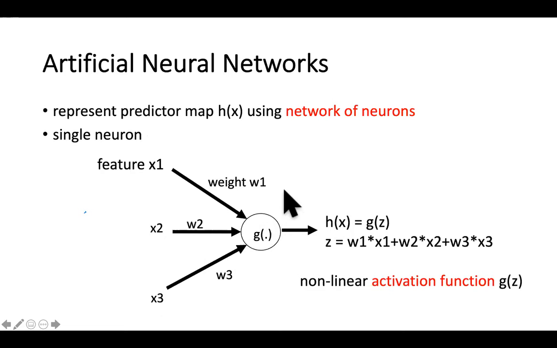A single neuron is a very stupid thing in general. It just sums up the inputs, weighted. Each feature here is weighted by some number, W1, W2, W3. This weighted sum is then fed into some nonlinearity. This is called an activation function. And we typically use only a few different choices for these activation functions.